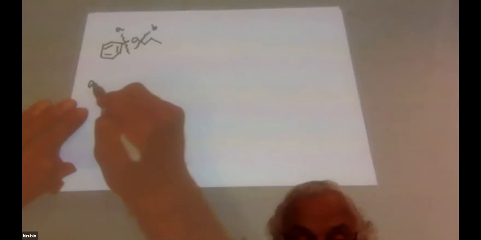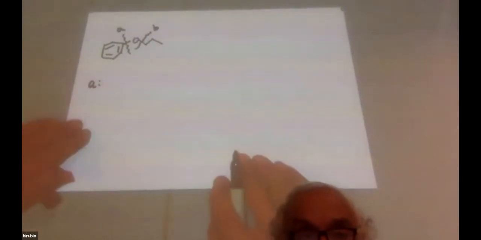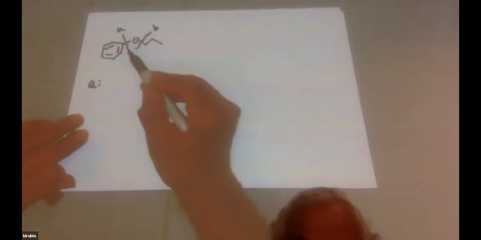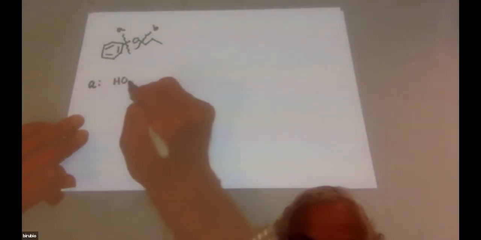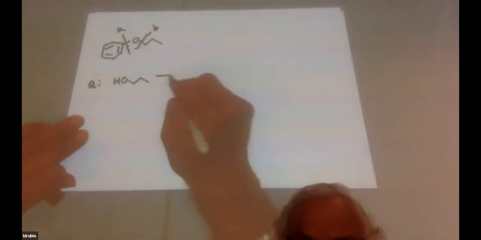Okay, so let's look at A, right? A is going to be a dismal flop. A is going to be a dismal failure. Let's see why. So we're creating this carbon-oxygen bond. So that means that we would start with this alcohol. It's primary, so far so good.